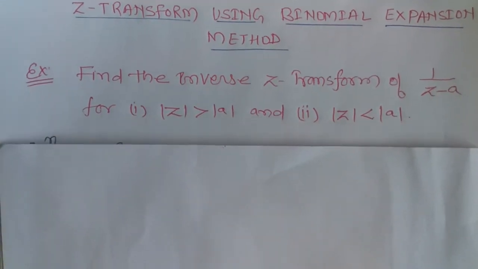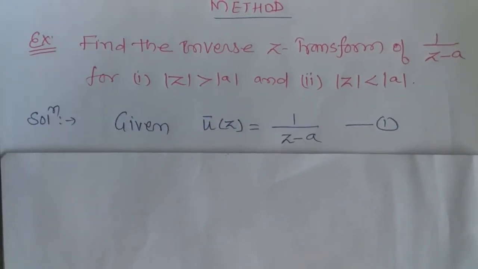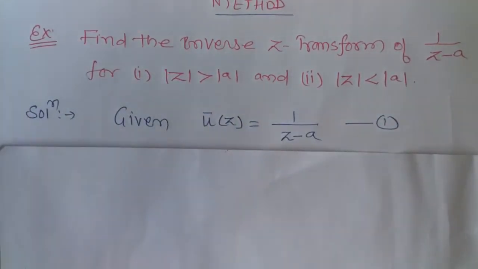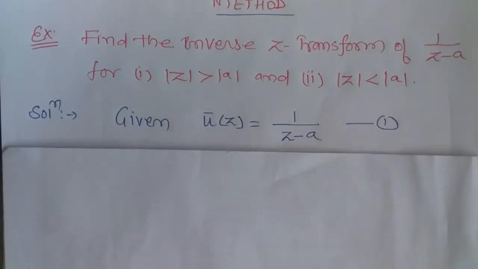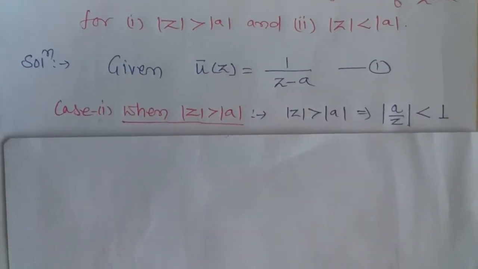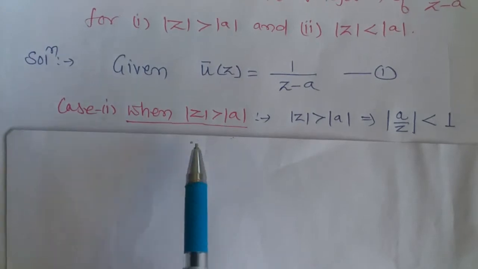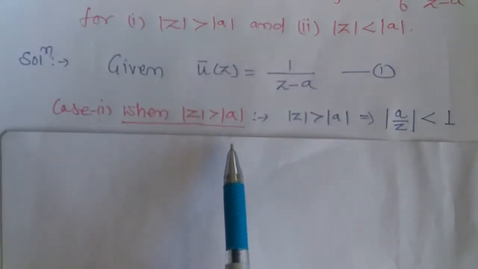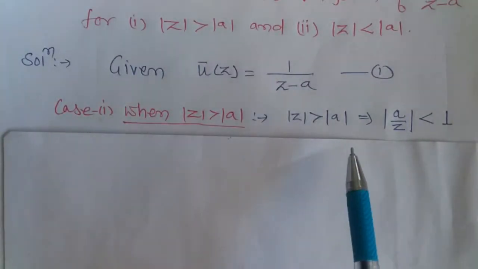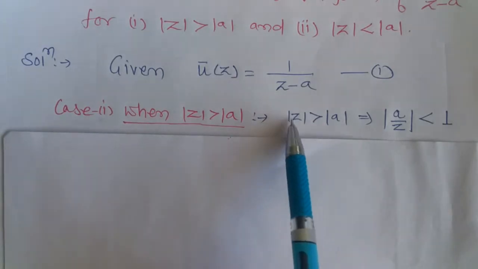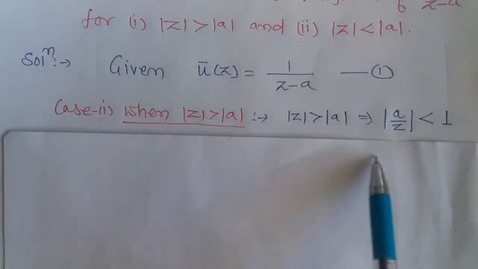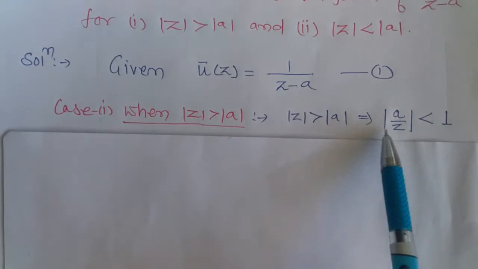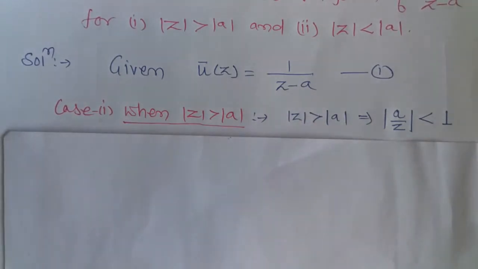So given U bar is 1 upon Z minus A. Now case first, we take when the region of convergence mod Z is greater than mod A. So when mod Z is greater than mod A, we transfer this mod Z to the right hand side, then we get mod A by Z is less than 1.